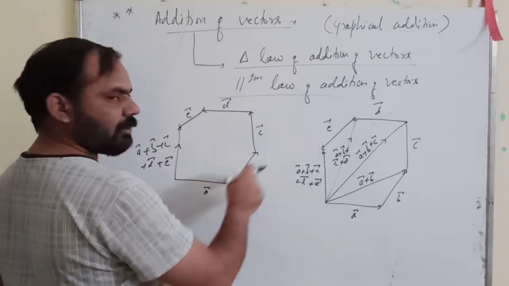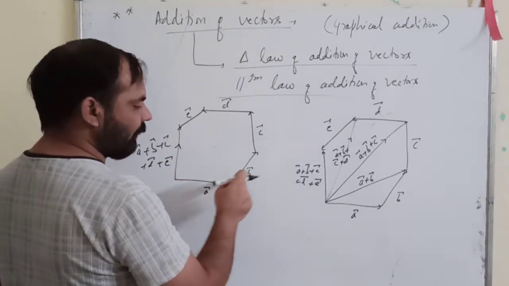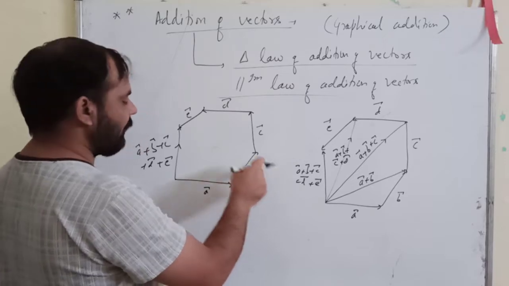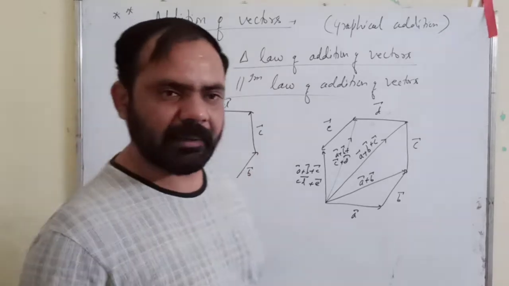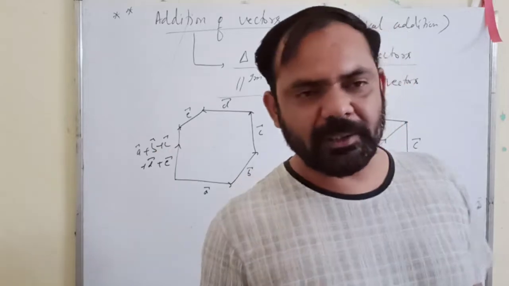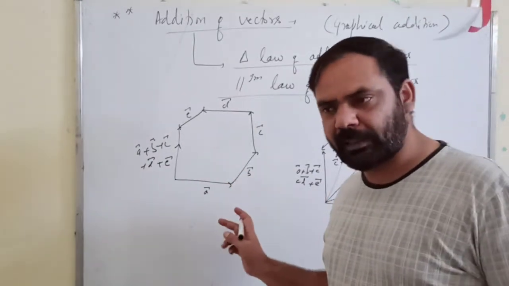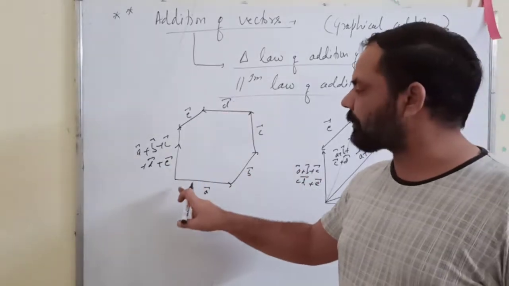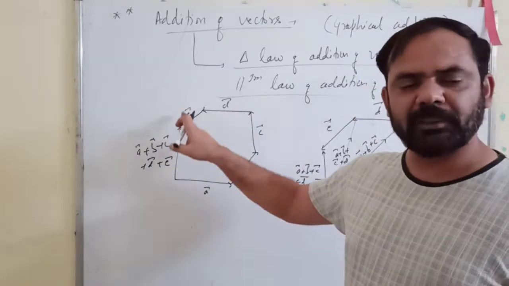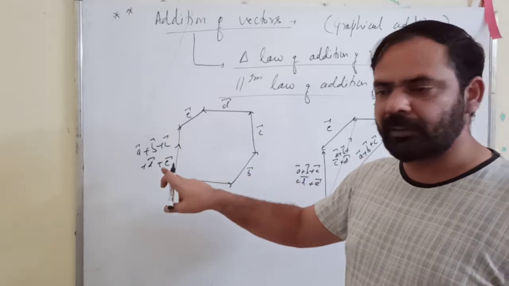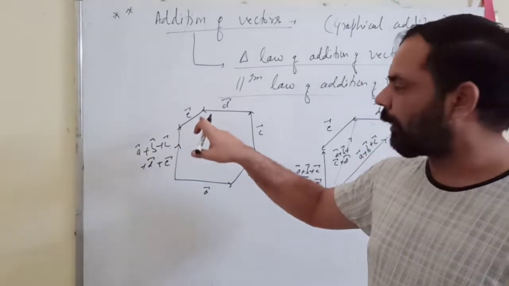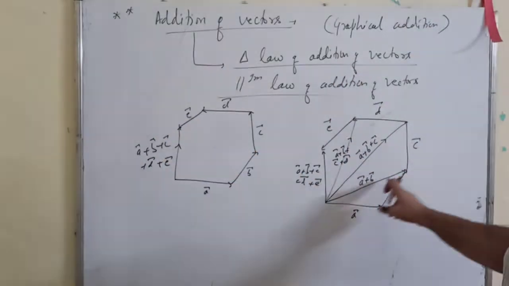Right? How is this direction there? The head of one vector is touching the tail of the other vector. So if you have a number of vectors as the adjacent sides of a polygon such that the head of one vector touches the tail of the other vector, then their sum can be represented by the closing side of the polygon in the opposite direction. How do you obtain this? Just by application of the triangle law.